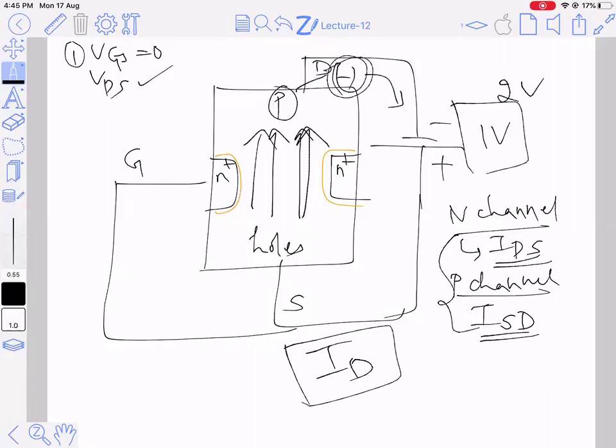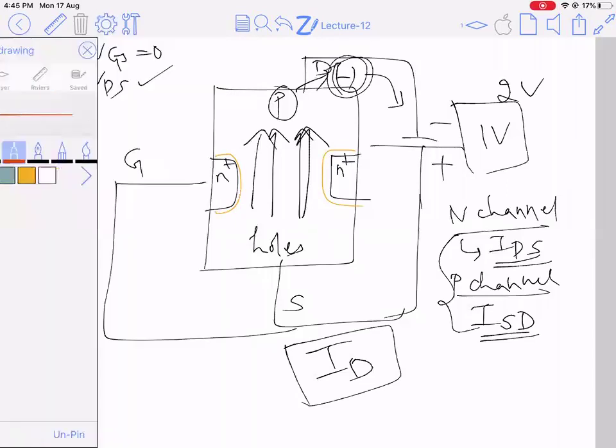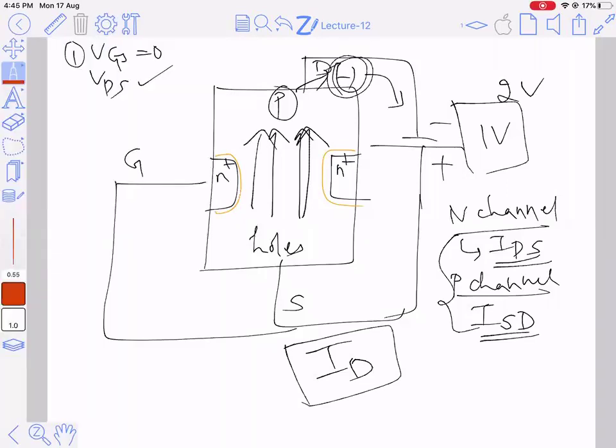On P type you're applying negative, so you're reverse biasing. Both the PN junctions are reverse biased, so the depletion region will keep increasing, eventually it will pinch off, and the current will saturate.